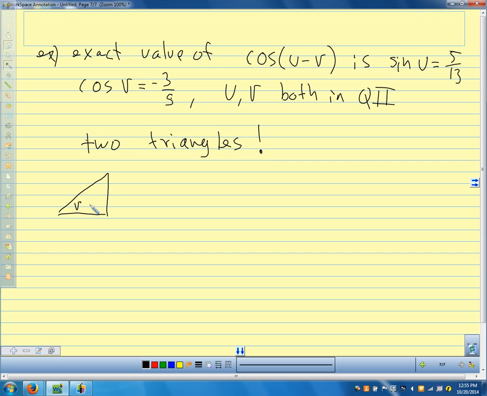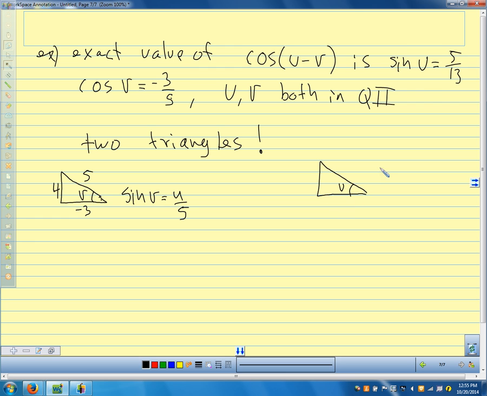There's my angle V. I need to draw it in the second quadrant, so I need to turn it around. There's V. The cosine is -3 and the hypotenuse is 5. So this missing side is going to be 4 by the Pythagorean Theorem. So I get the sine of V equals 4/5.